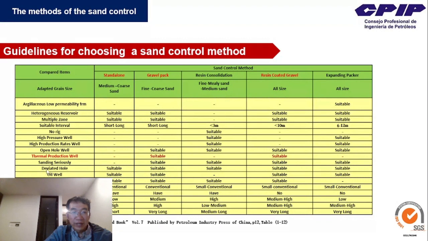The deviated hole: the standalone is suitable, gravel packer is suitable, resin consolidation is suitable, resin-coated gravel is suitable, and the expanding packer is suitable.